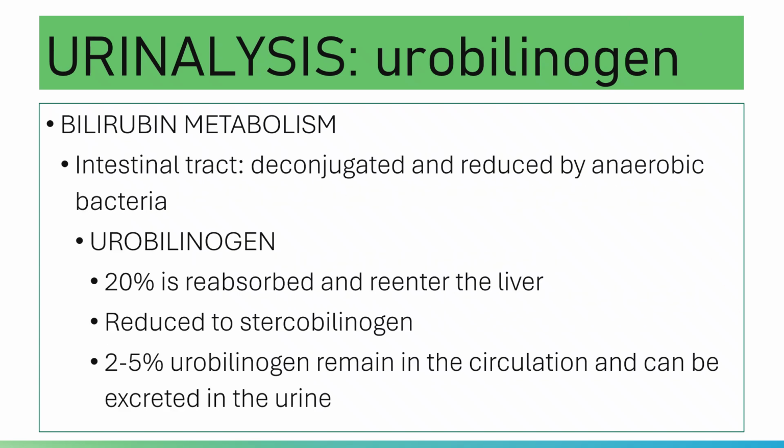In the intestinal tract, the conjugated bilirubin is deconjugated and reduced by anaerobic bacteria. It is deconjugated into free bilirubin and then reduced by anaerobic bacteria, the normal flora of the colon, into urobilinogen.